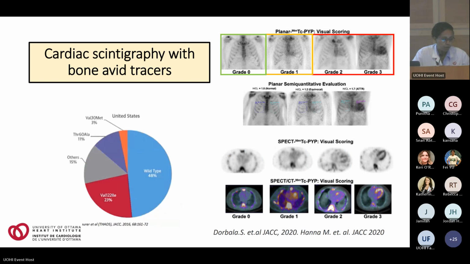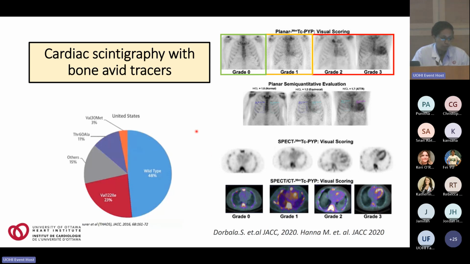And those that have ATTR, which is mostly the wild type, we sometimes encounter the hereditary types. PYP scintigraphy has contributed a lot because of its high specificity, but we initially need to rule out AL amyloidosis, as you all know, since there may also be a mild uptake with those that have AL amyloid.